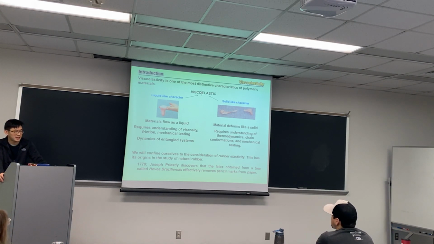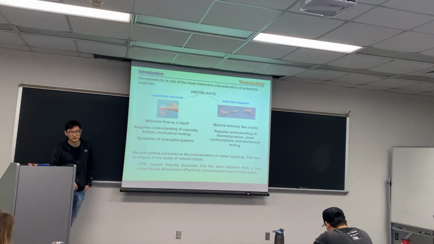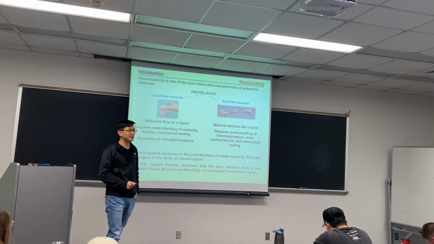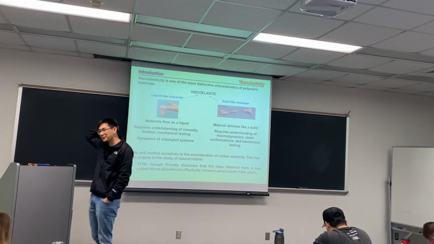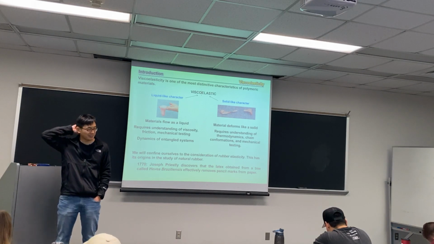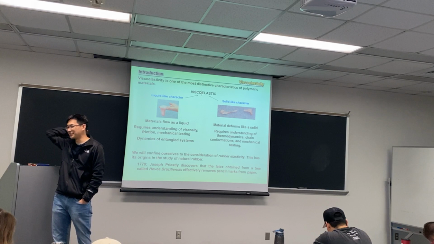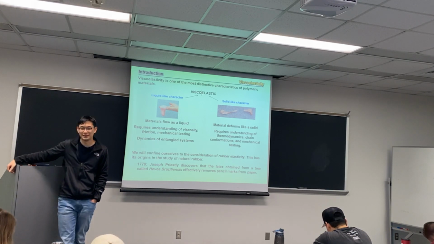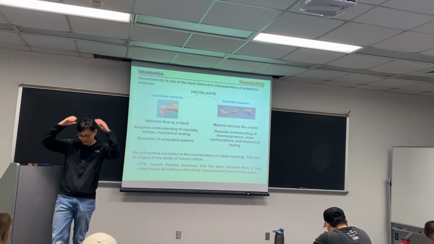So rubber elasticity is different from viscoelasticity. You can think about a great example of the major differences. If you buy a rubber band to tie your hair, like I know a lot of students need in the morning, and you put a viscoelastic material in place of the rubber band, what's going to happen? You're not going to hold the shape. It's going to loosen.